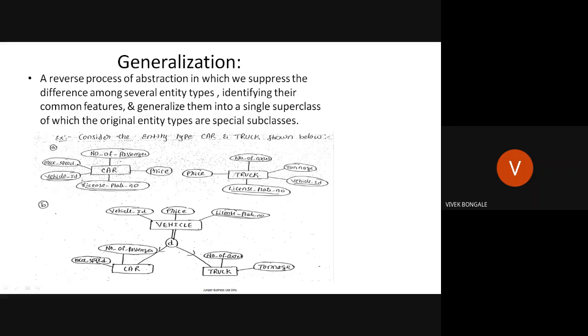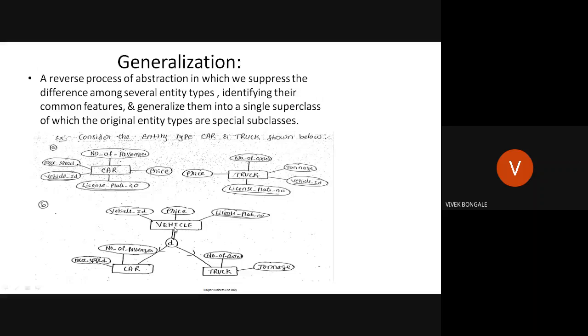These two attributes are common for car, and the same vehicle ID and license plate number are common for truck. So what we are going to do is combine these two subclasses to make a superclass. We give the superclass the name vehicle because these two come in the category of vehicle.